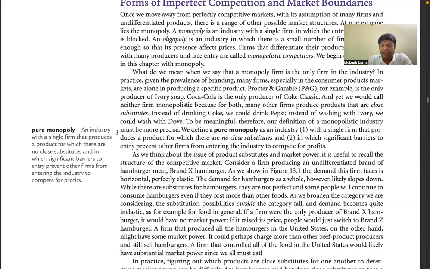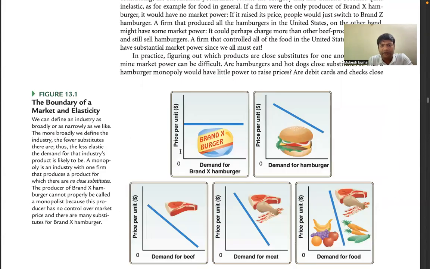Now, there is one example here about the hamburger. Brand X hamburger, brand Y hamburger, brand Z hamburger might be possible, but hamburger as a whole, we can say, is a perfectly competitive market. In that case, the firm will face this demand curve, but hamburger as an industry will face the downward sloping curve.